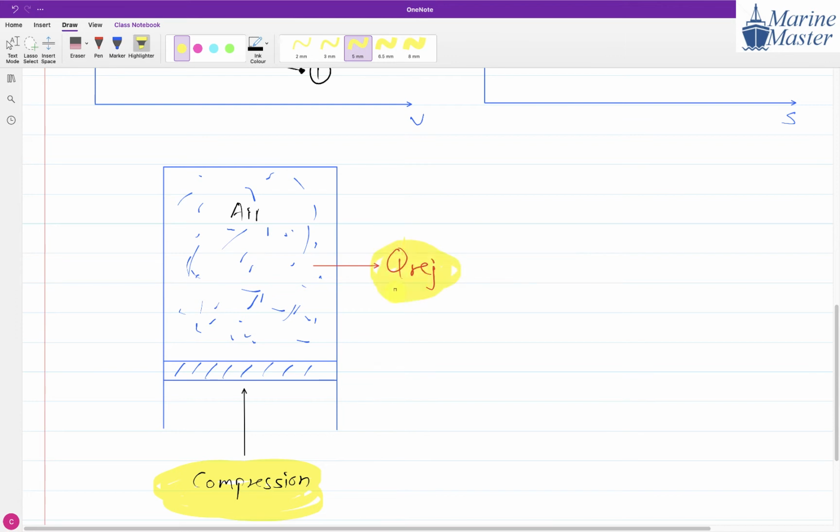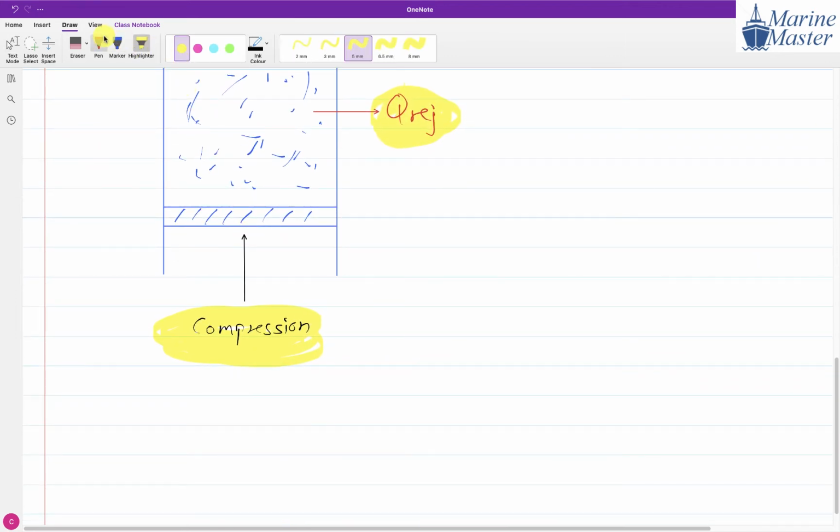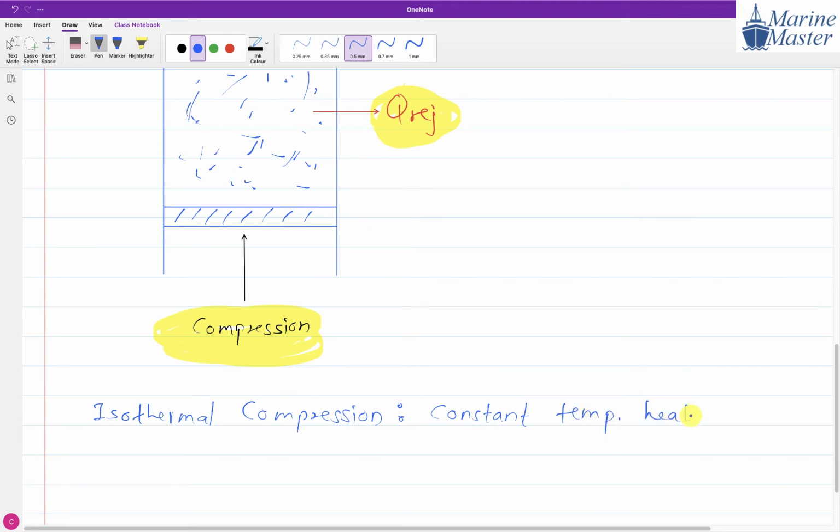So what final conclusion can we say? Isothermal compression means constant temperature. Isothermal compression, heat addition or heat rejection? Isothermal compression will be heat rejection. Why is it heat rejection?